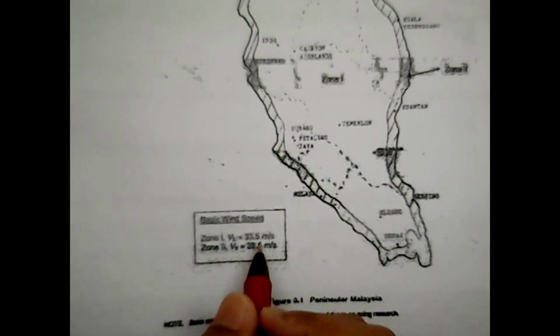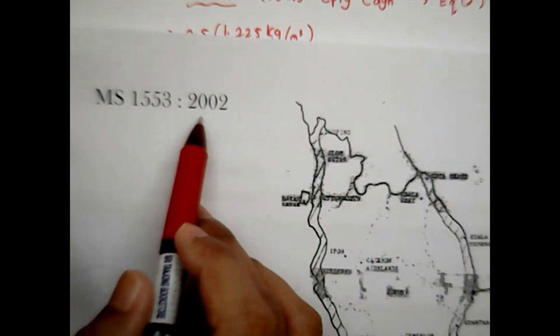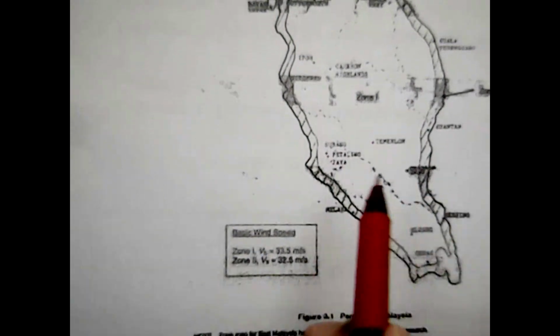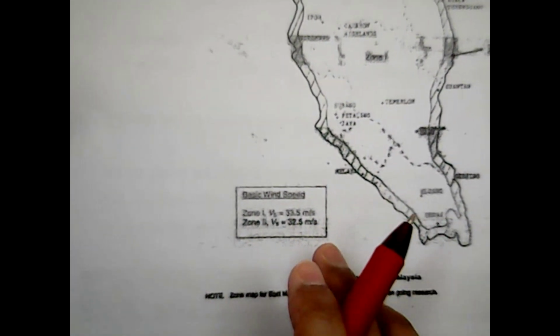But if you don't want to look at this figure 3.1, you can refer to the Malaysian standard for wind speed, which is MS 1553:2002. You can see that the wind speed can also be found in table form, as you can see here.